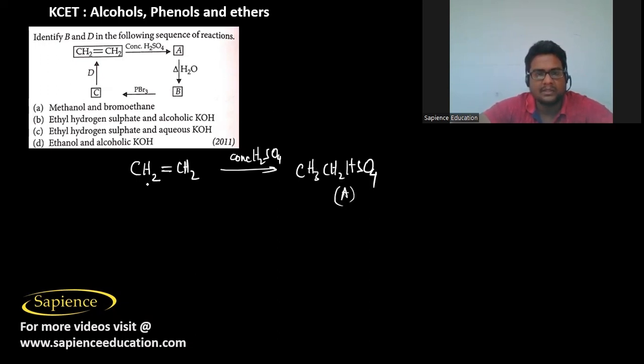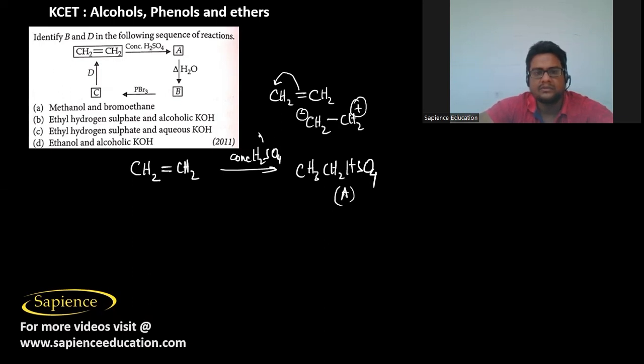Here there will be heterolytic cleavage. The pi electrons will go here, and one carbocation and one carbanion will be formed, CH2 minus and CH2 plus.